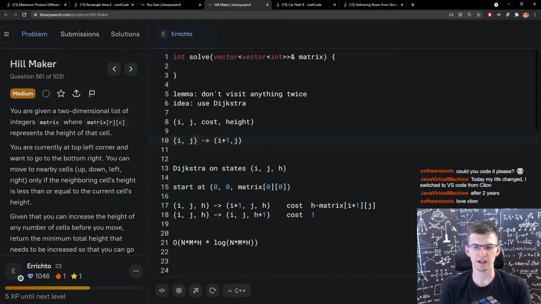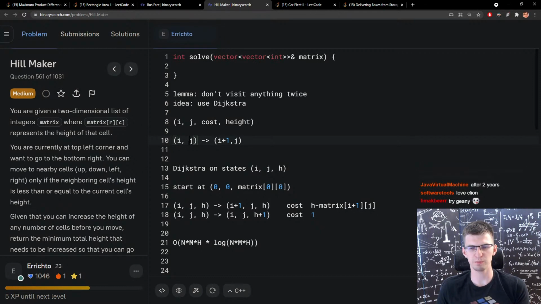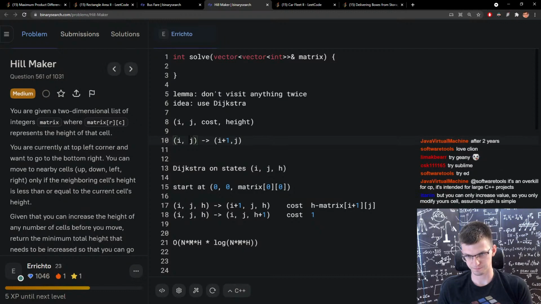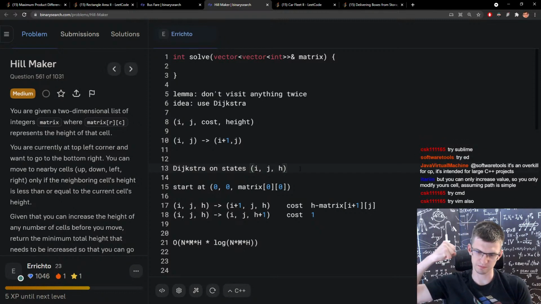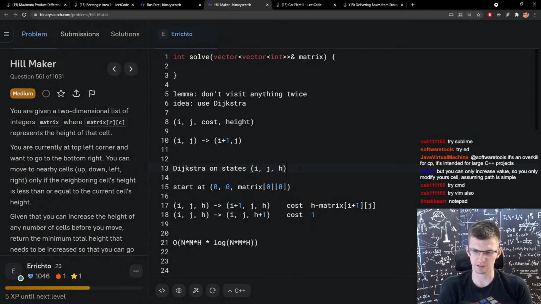Oh, and we already said, if you say that when going like that, you say i, j needs to be increased, that would be bad because you mess up previous states. Previous moves could become illegal, and we don't want that. So yeah, all of this we do backwards. We actually move from low to high, and then we can say that when I go from lower to higher, I modify this new state.